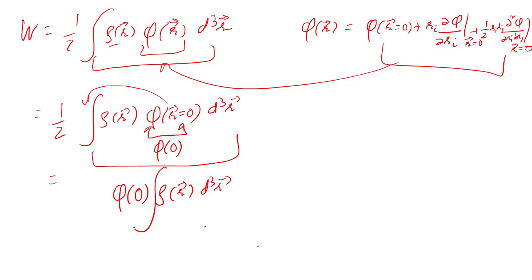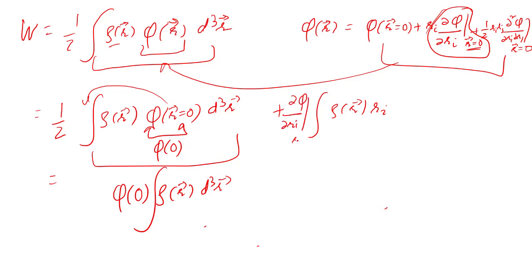Similarly, for the second term, this is also a constant because it's at one particular r. So for the second term, I would have rho of r times ri, and dou phi by dou ri at r is equal to 0 is just a constant, and this is d cube r.